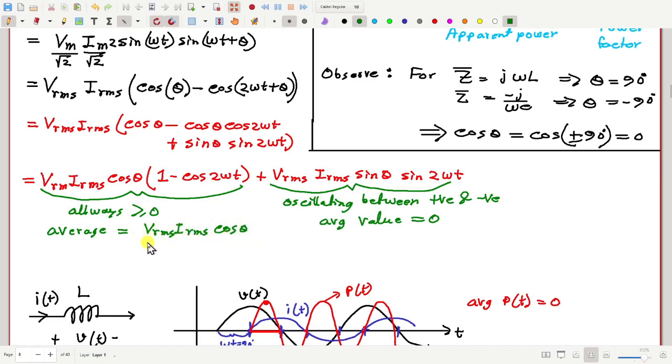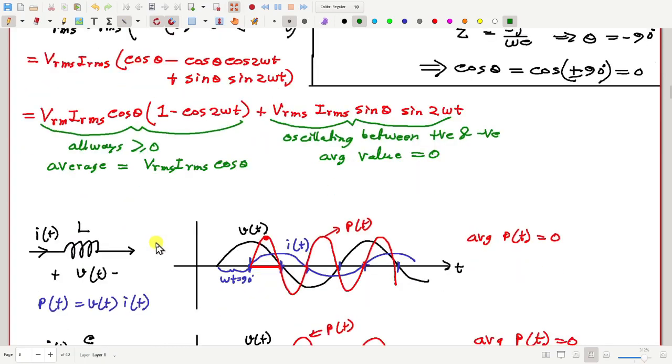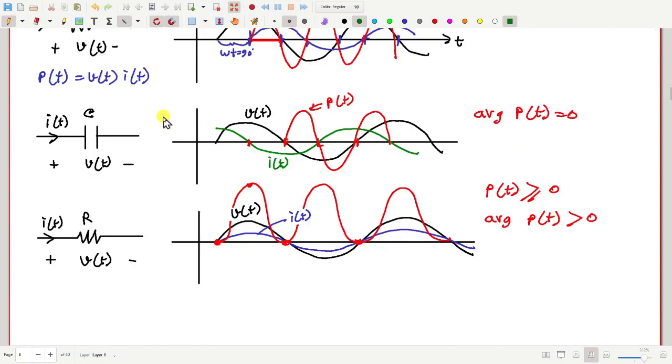Now, the graph of this first term will be similar to the graph of the power in this resistive circuit.